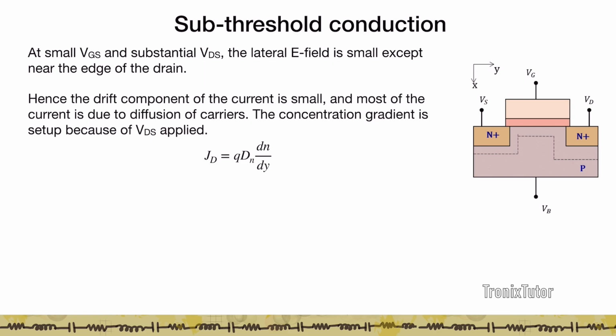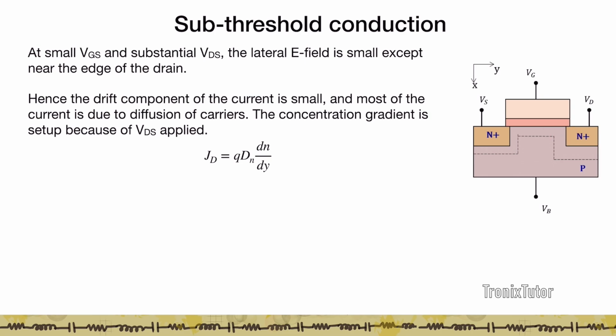That tells you that the electrons moving from source to drain are not moving under the influence of the electric field, but rather because of the concentration gradient set up between source and drain. So the key difference between subthreshold conduction and post-VT conduction is that the current at subthreshold is because of diffusion of electrons from source to drain.